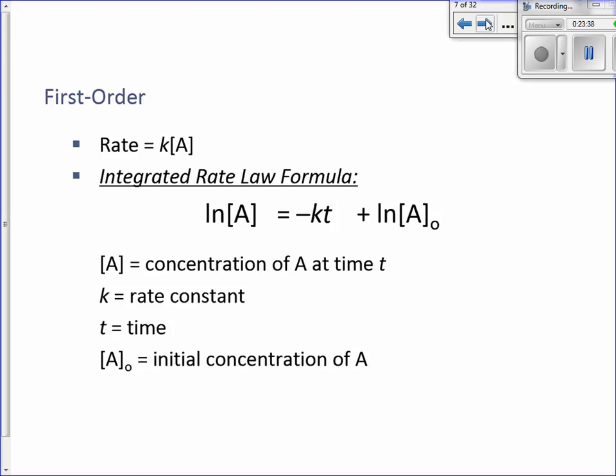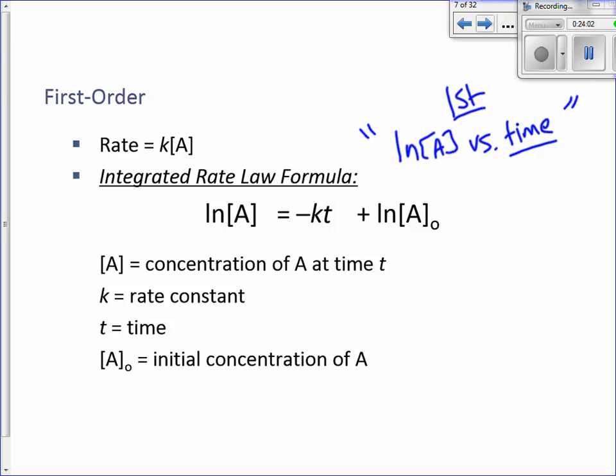This one you need to think of in terms of natural log of the concentration versus time. That's always going to be first order, okay? That's what you're always going to be looking at.